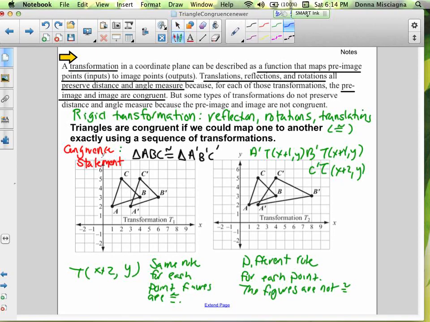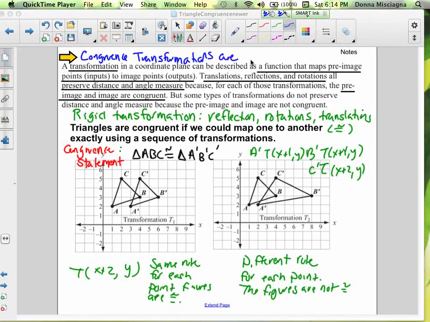Let's write that in our notes. This is not in your notes, but I want you to add it. Congruence transformations are isometries. Now I have a little box that you cannot see.